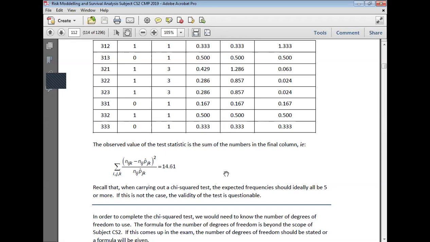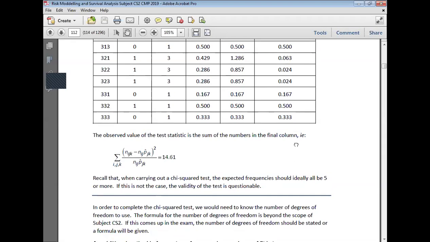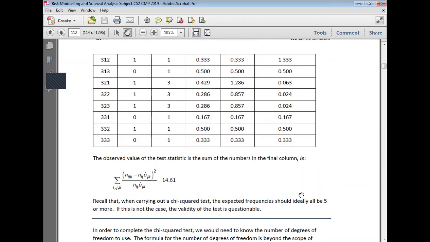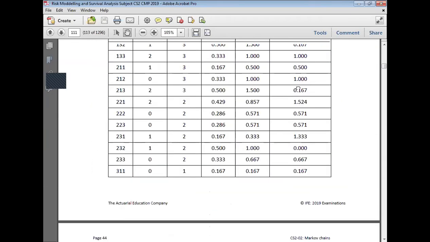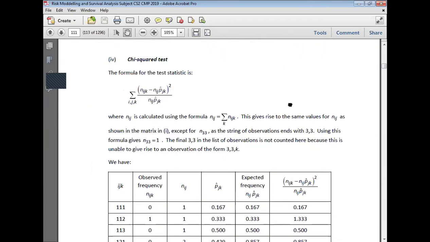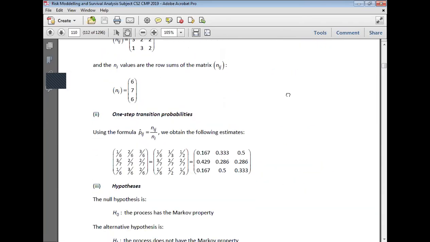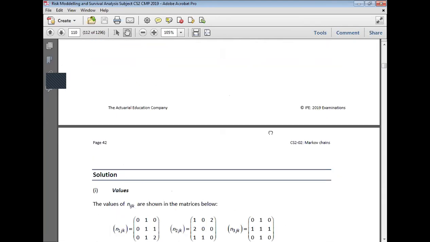So either it will be given to you that this is the number of degrees of freedom and these are the values, so then you can easily figure out what's going to happen next. So I guess that was it about the triplets test, which will allow you to figure out whether the process that you're looking at has a Markov property or not.